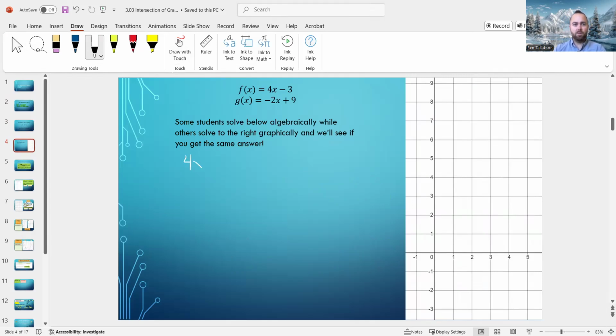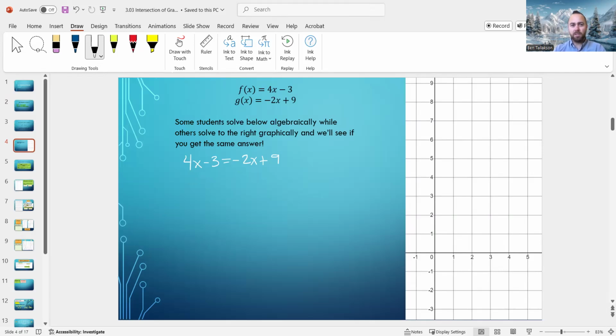The first thing you want to do is set these functions equal to each other and solve for x. Since I have very simple x terms, there's no x squared, I'm going to solve this a little differently than we did last time. Last time we got everything on one side, set it equal to 0, and then we factor and set the factors equal to 0.